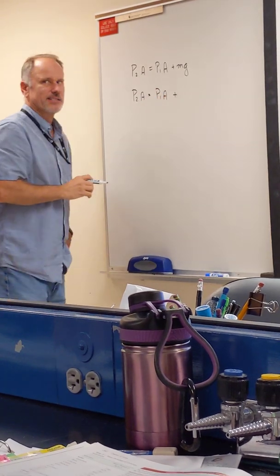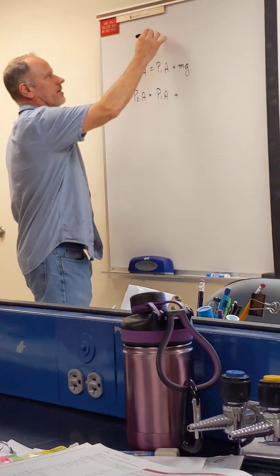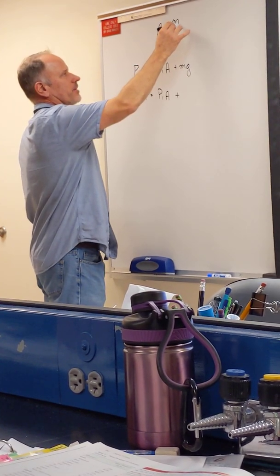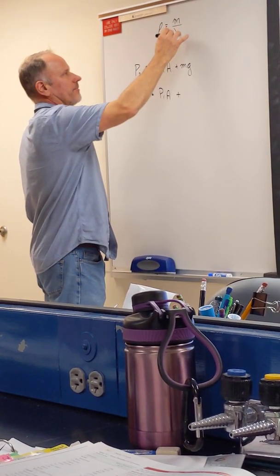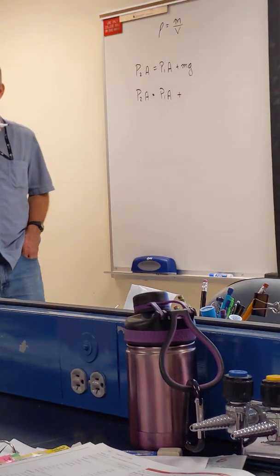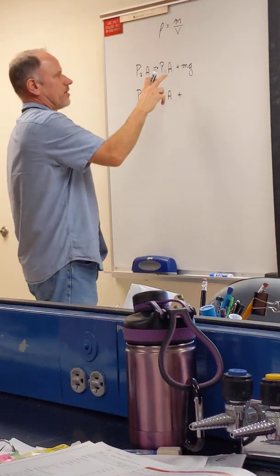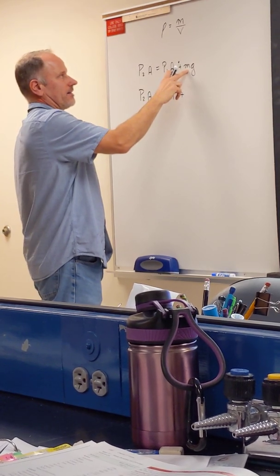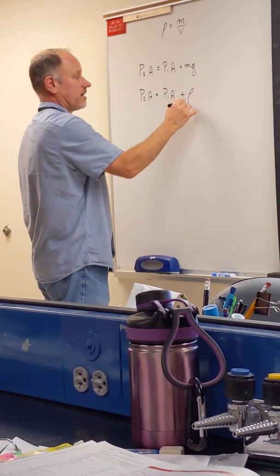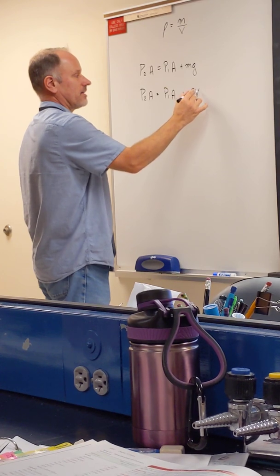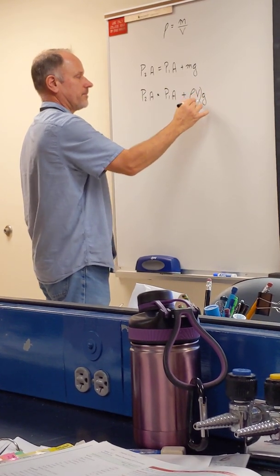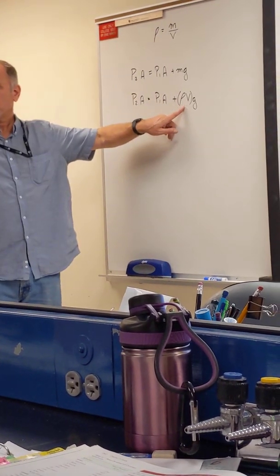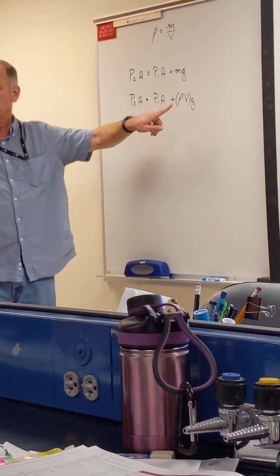All right, so the mass, remember rho is mass per unit volume, right? You guys remember that? Yeah. So I can represent this guy here by rho times V times G. This is mass times G, mg.